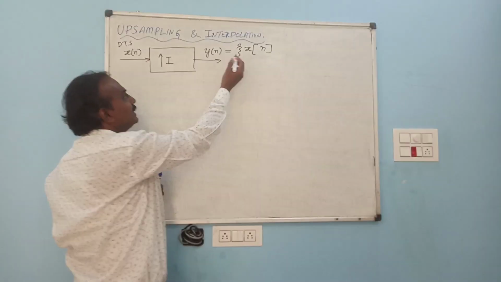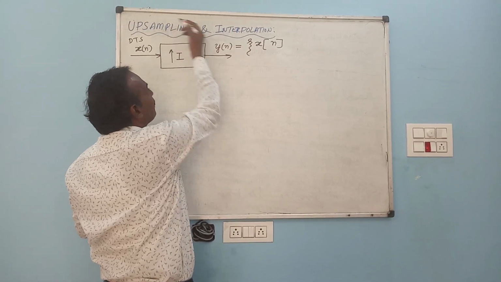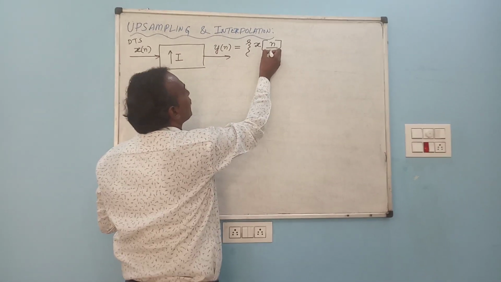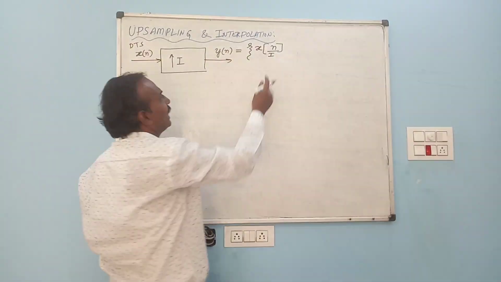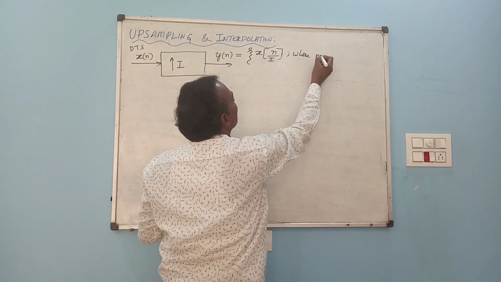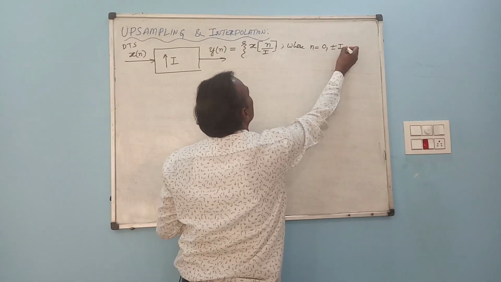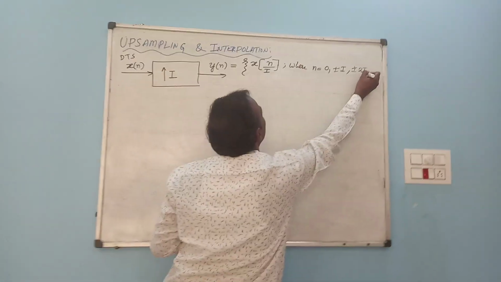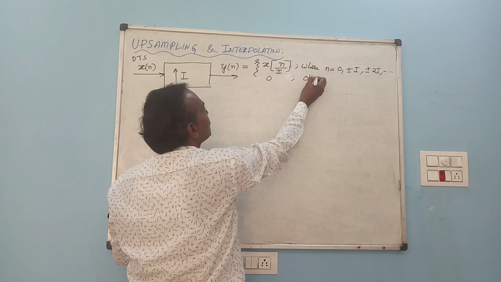Here, instead of multiplying, since it is interpolating, it is upsampling, we will divide by this upsampling factor I. Where n is nothing but 0, plus or minus I, plus or minus 2I, and so on, and this is simply 0 otherwise.